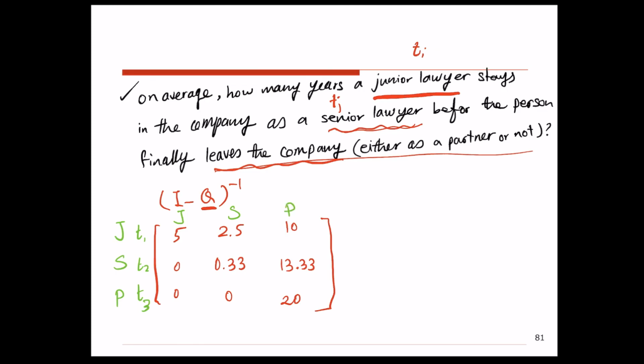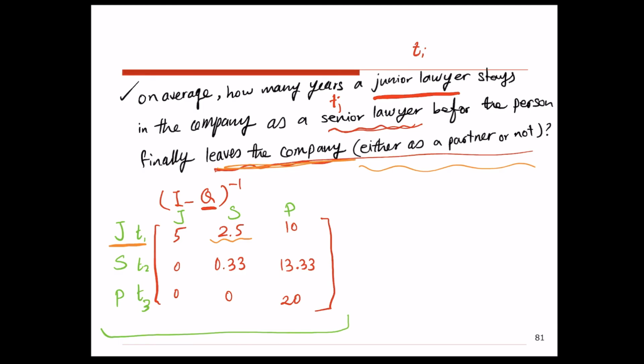Okay, so what do the elements of this matrix mean? It means that, for example, if we start as a junior lawyer, before we finally leave the system as partner or non-partner, before we finally get absorbed, I will spend about 2.5 years in this company in the senior lawyer position.